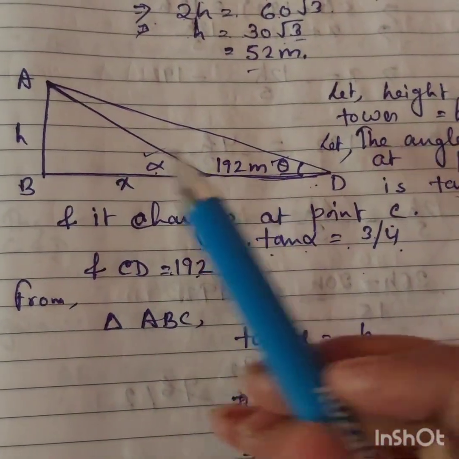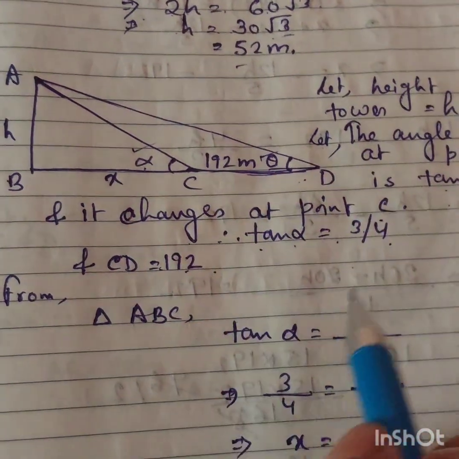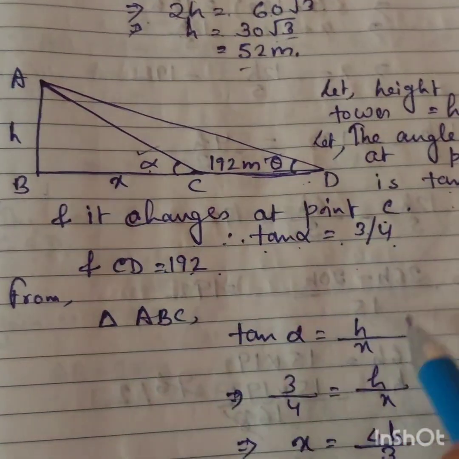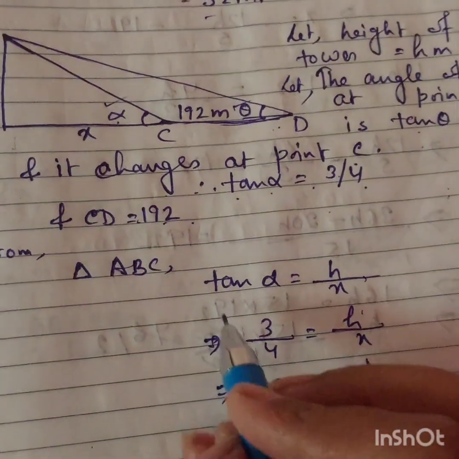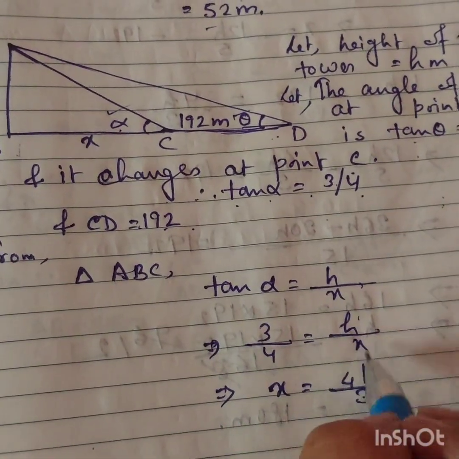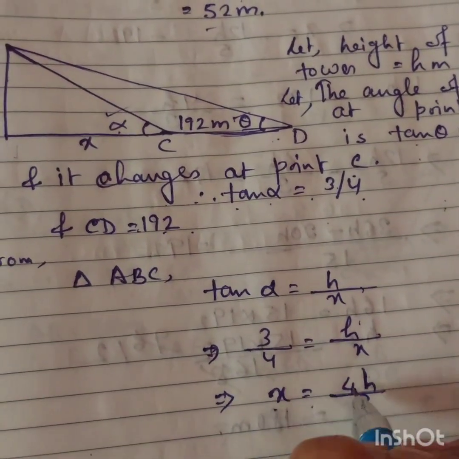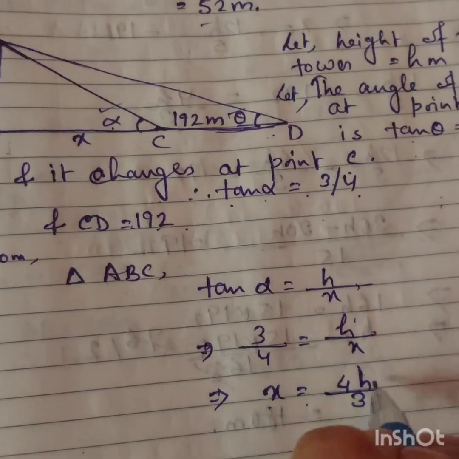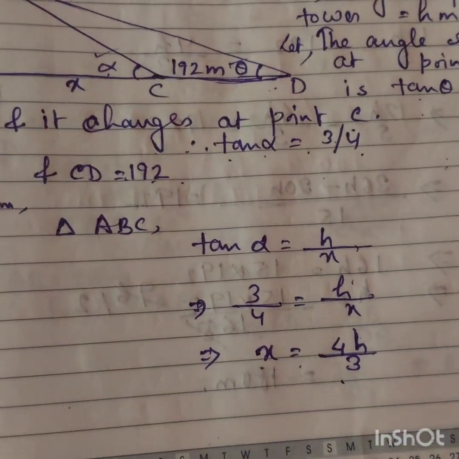Then from triangle ABC, tan alpha is equal to perpendicular by base, that is h/x, that implies 3/4 is equal to h/x. So x is equal to 4h/3.